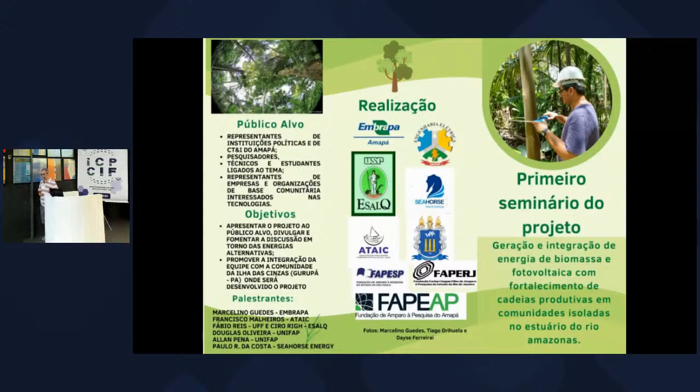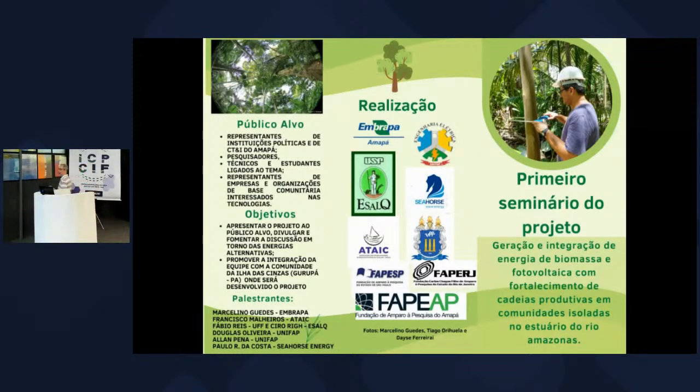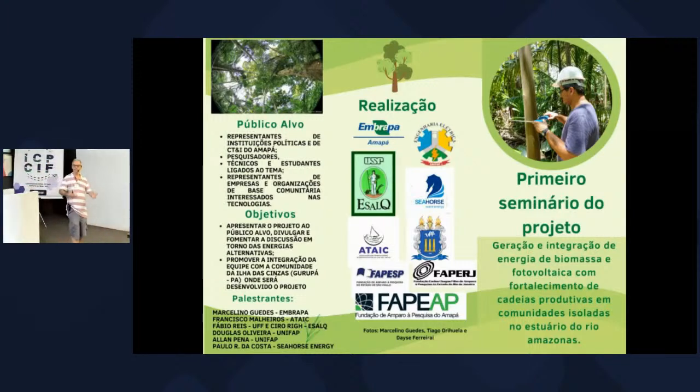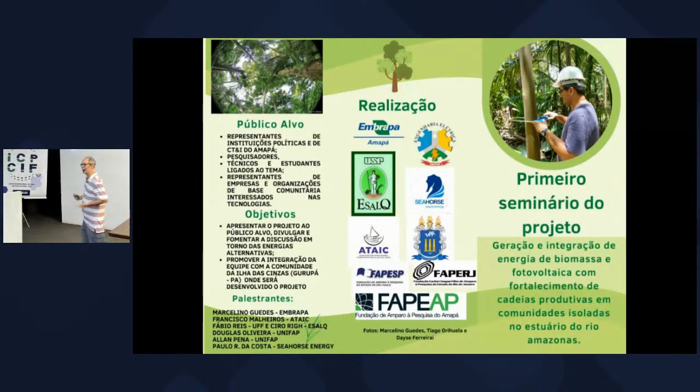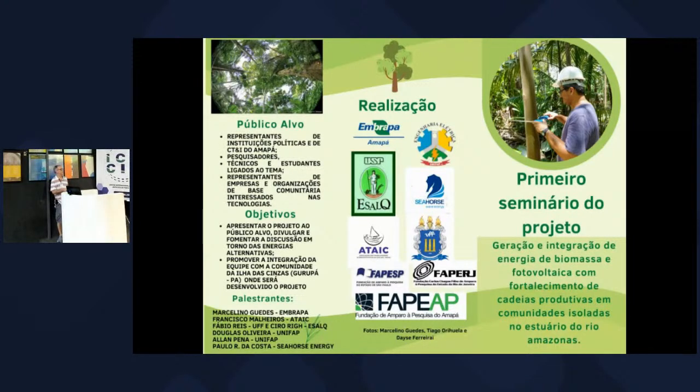From the residues of the açaí, the core of the açaí, for instance, they can smash it and produce fuel gas from that, and this will help the sustainable industrialization of the açaí in that community. That's the main aim of that project, and also to integrate this energy source with the photovoltaic source that they already have in the island.